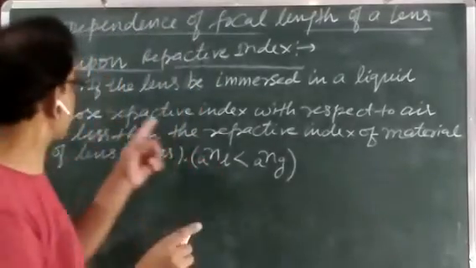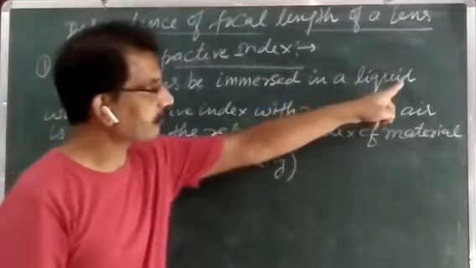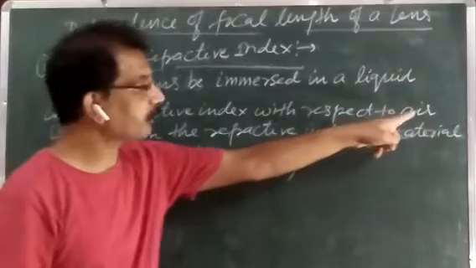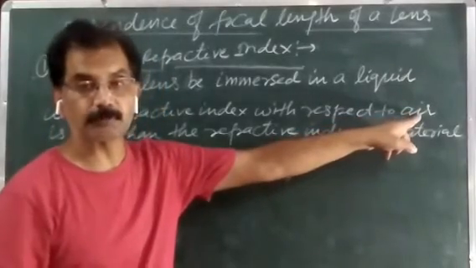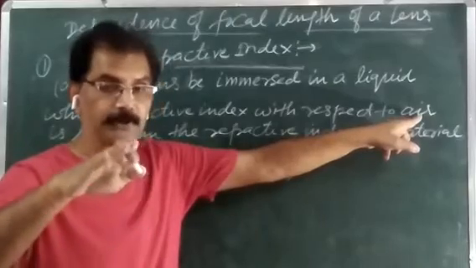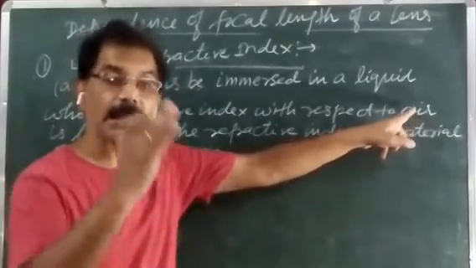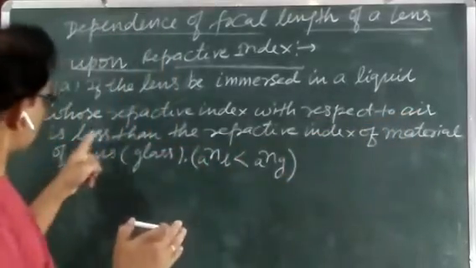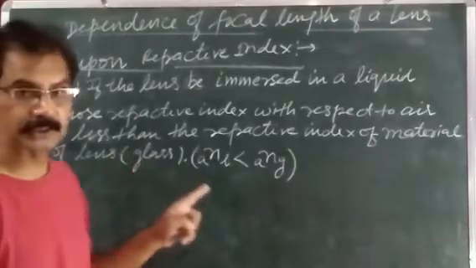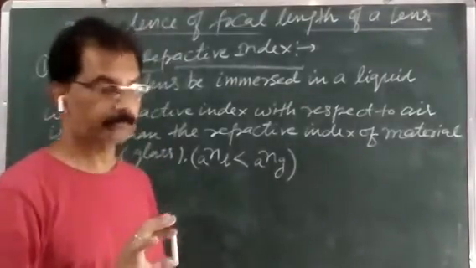It means in the first case, if the lens is immersed in a liquid whose refractive index with respect to air, किसका refractive index with respect to air? Liquid जिसमें lens immerse किया गया. It means the refractive index of liquid with respect to air क्या है? कम है. Is less than the refractive index of material of lens. किससे? उस lens के material के refractive index से.